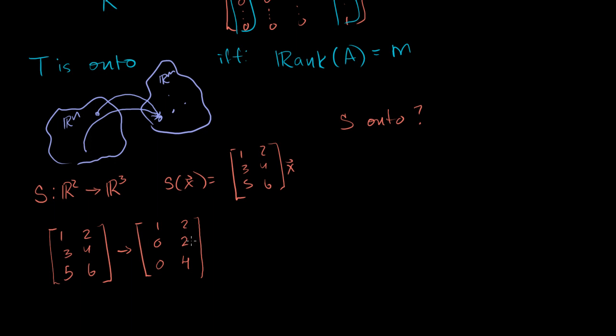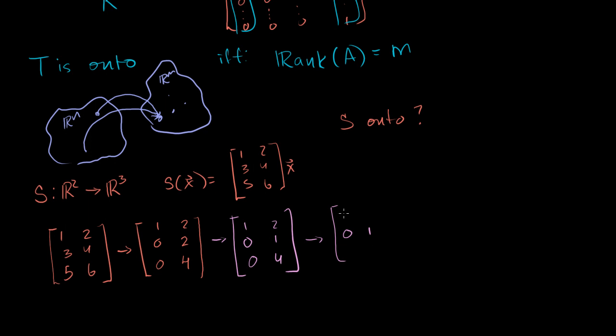Now let's see if we can get a 1 right here. So I'm going to keep my first row the same. Actually, let's just divide the middle row by 2, or multiply it by 1/2. So you get 0, 1, and we have a 0, 4. And now let's try to make these 0. Again, reduced row echelon form. So I'm going to keep my middle row the same, 0, 1. And let's replace the top row with the top row minus 2 times the second row.